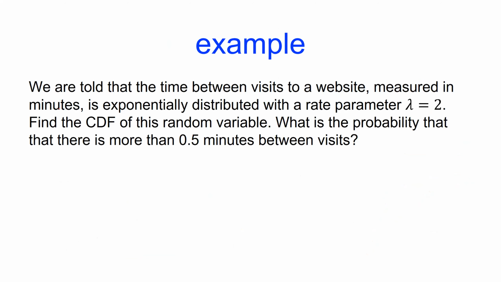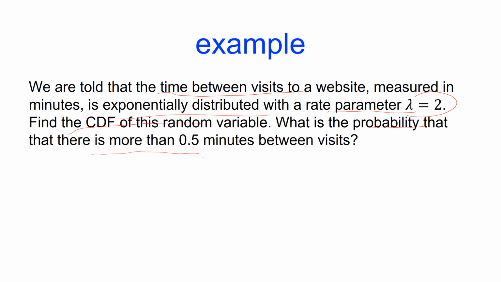So the next is an example. I hope we can complete this example. Let's imagine the time between visits to a website, measured in minutes, is exponentially distributed with rate parameter lambda equal to 2. Find the CDF of this random variable, and what is the probability that there's more than 0.5 between visits?